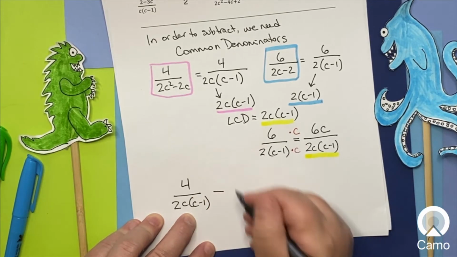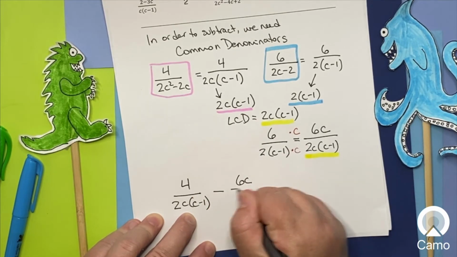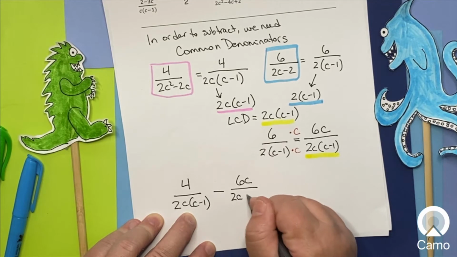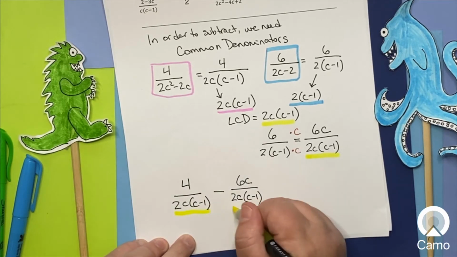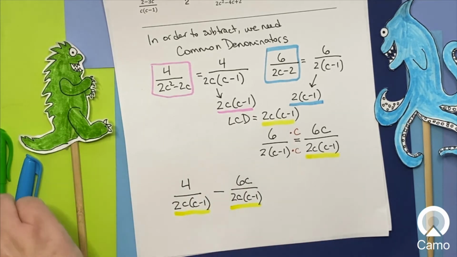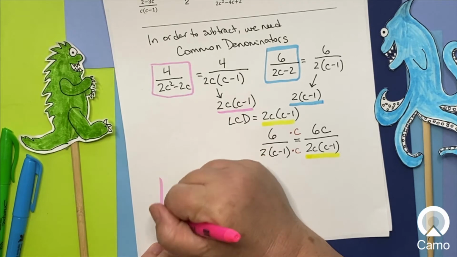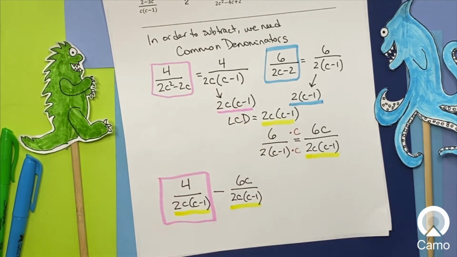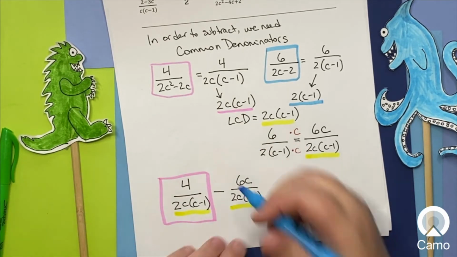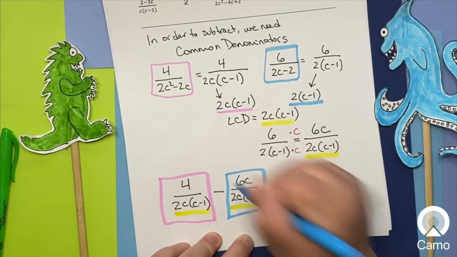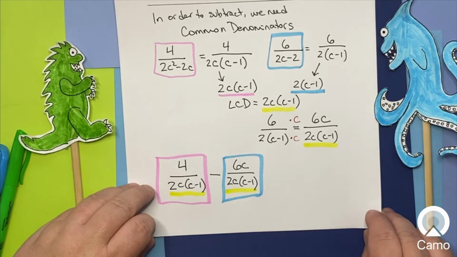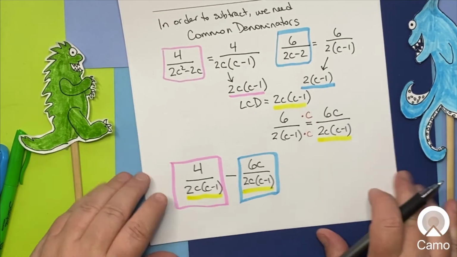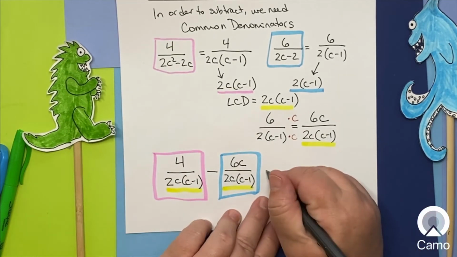And then my new blue one is now 6c all over 2c times the quantity c minus 1. There's my fancy denominator. This is my pink one. This is my blue one. They each are all dressed up fancy to go to the party. They match.